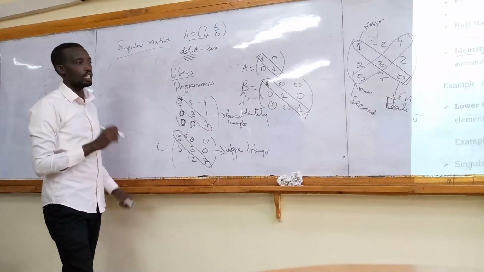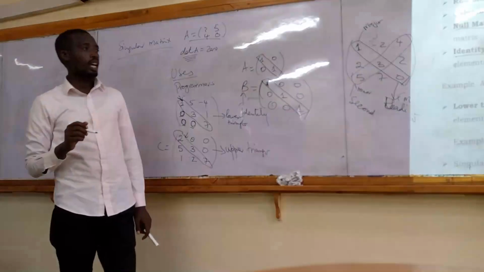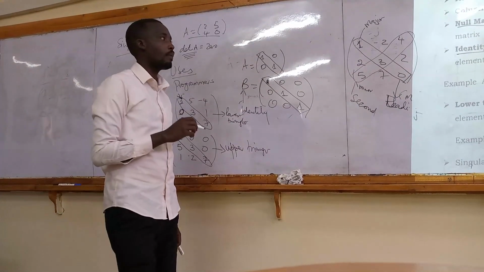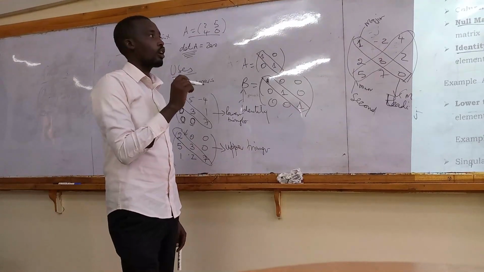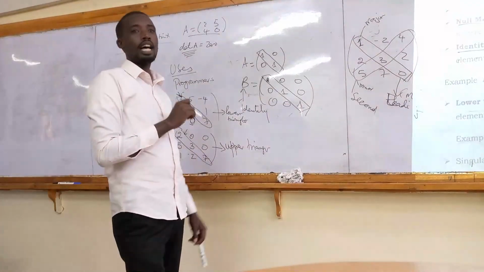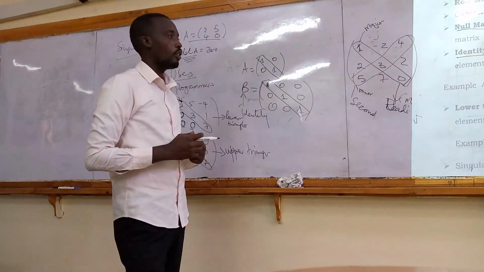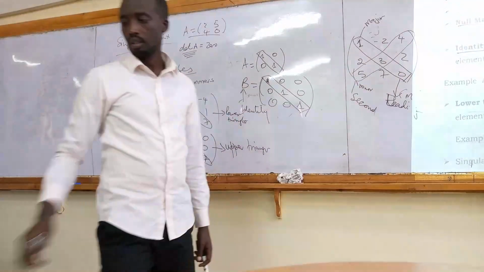So we have a singular matrix, a lower triangular matrix, upper triangular matrix, identity matrix, nil matrix, column matrix, row matrix as the types of matrices.